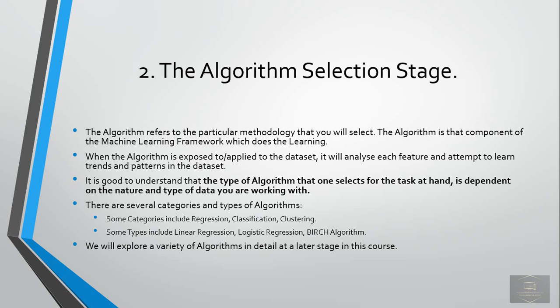It is good to understand that the type of algorithm that one selects for the task at hand is dependent on the nature and type of data you are working with. There are several categories and types of algorithms. Some categories include regression, classification, clustering. Some types include linear regression, logistic regression, Birch algorithm. We will explore a variety of algorithms in detail at a later stage in this course.